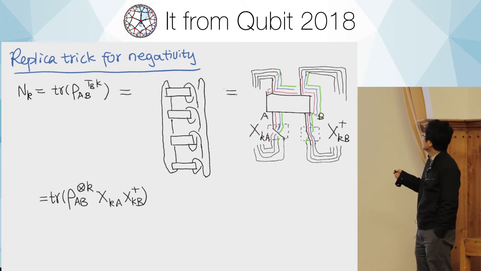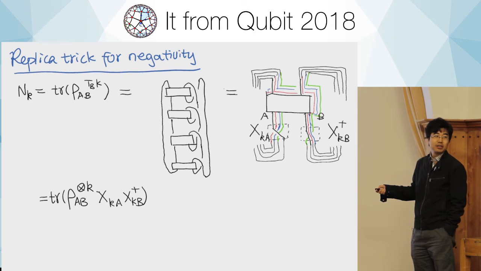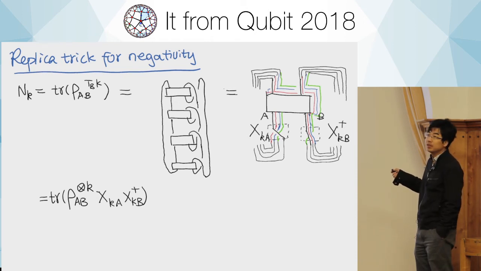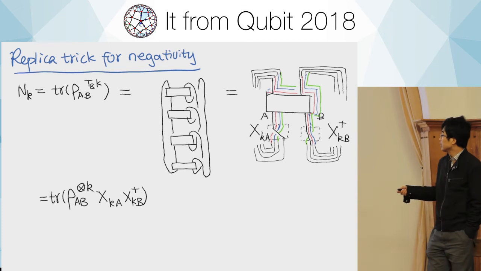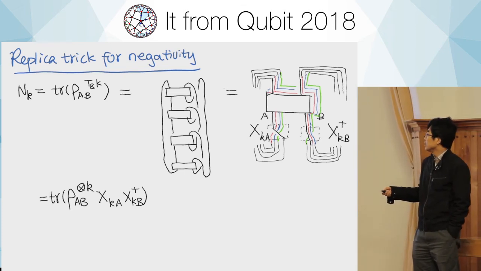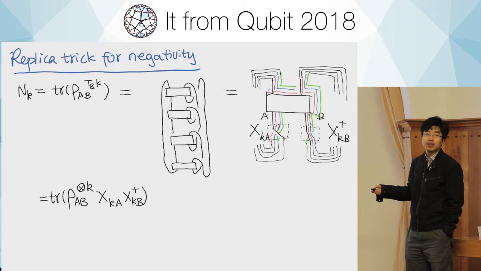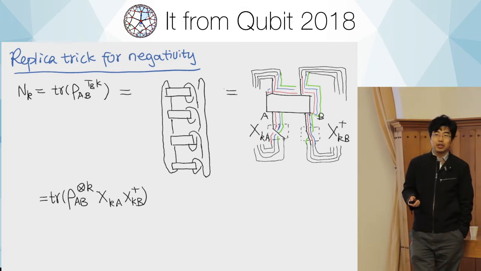Then you can write this in terms of, first, preparing 4 independent copies of rho, so that's the direct product. And if it's linear, you would just cyclically permute all the copies and contract them. But here there is this partial transpose, which is done by cyclically permuting the other leg in the opposite way. This one is the cyclic permutation, and the other one is the opposite cyclic permutation. If they are the same, you just get trace rho to the k. So that's how you get the N_k, and these X_k's are cyclic permutation operators, and this is X dagger, which goes to the opposite permutation.